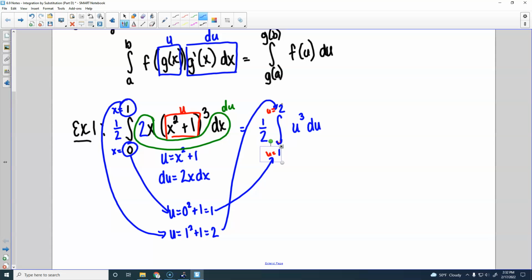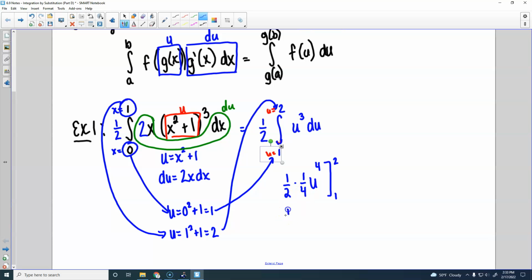So what is good about doing that is, now when we integrate, we're just going to integrate like we've been doing. We'll get u to the 4th power, divide out front by 1/4. Don't forget that 1/2 that was out there. And we will evaluate this from 1 to 2. And since this is in terms of u, we don't ever have to go back to x's. We don't have to plug the x's back in.